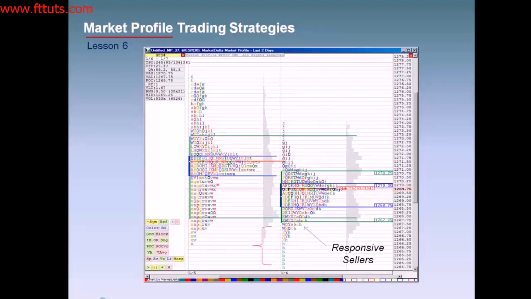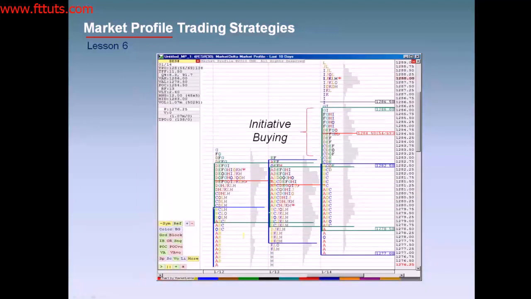All right, let's take a look at initiative activity and see what happens when prices in fact begin to move outside the value area. And remember now, where is the first period that prices began to move outside the value area of the prior day?